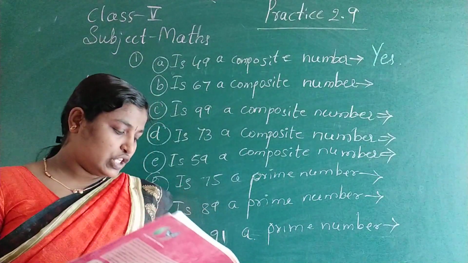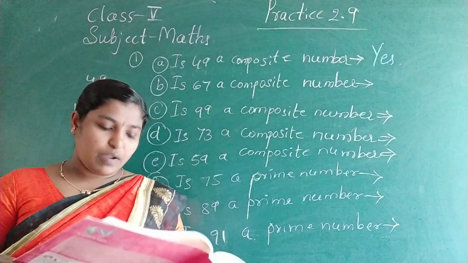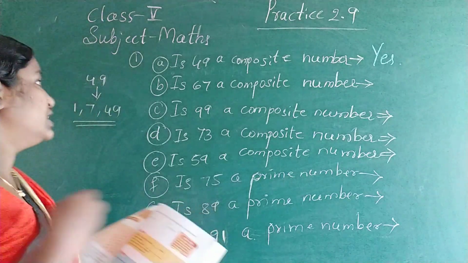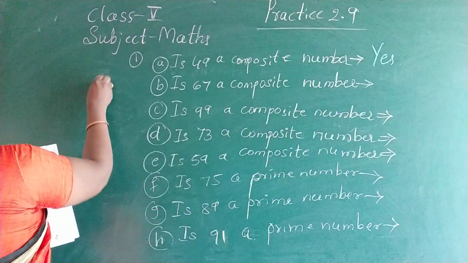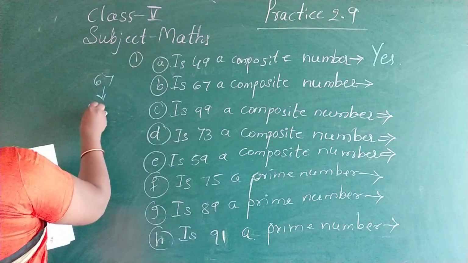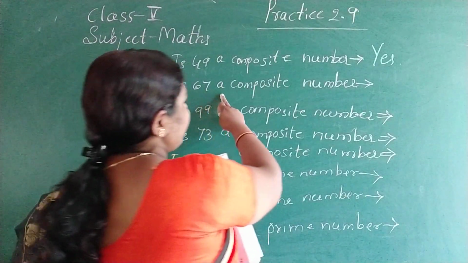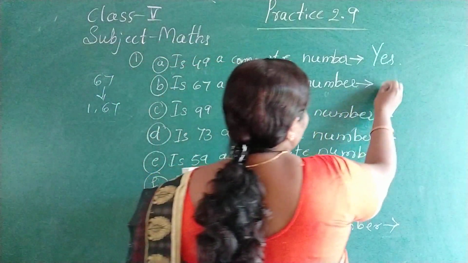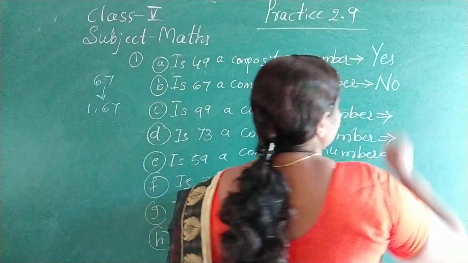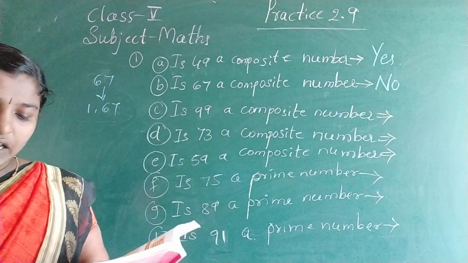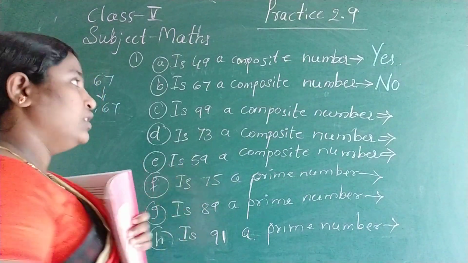Is 67 a composite number? Just see the chart of 25 prime numbers. There is 67. So 67 has only 2 factors, 1 and 67. So 67 is not a composite number. Answer is no. Is 99 a composite number?